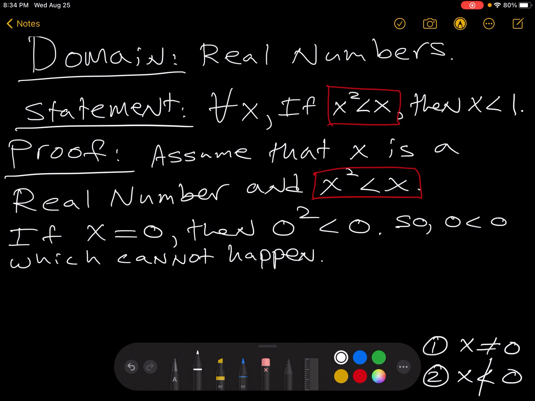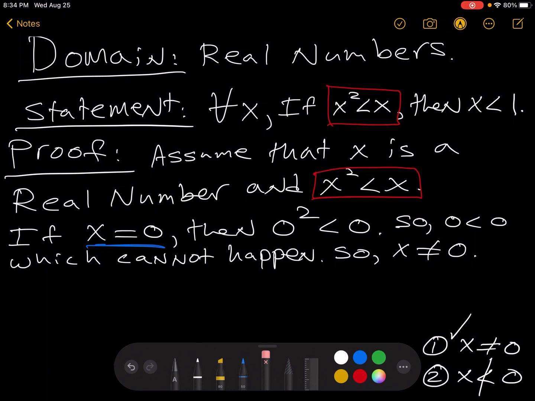So we found something that can't happen. We asked, what would happen if x equals 0? Well, then we find something that can't happen. So x does not equal 0. Okay, we've taken care of that one.